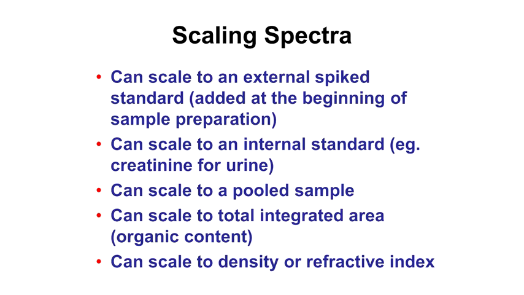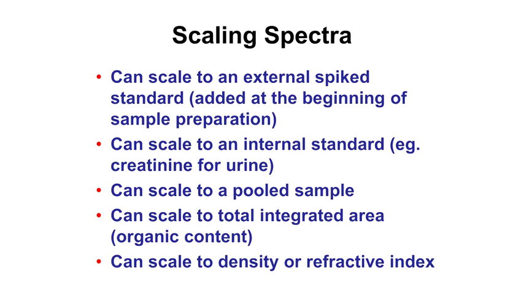Another technique that's commonly used, both in NMR and in mass spec, is to pool your samples, to take a small aliquot from each of the 50 or 500 or 5,000 samples and make a super sample that has a bit of every component of your sample set. This creates an average, if you want, and allows you to essentially compare against that average set. You can also scale against the total integrated area, at least in NMR, which represents the organic content of the sample.